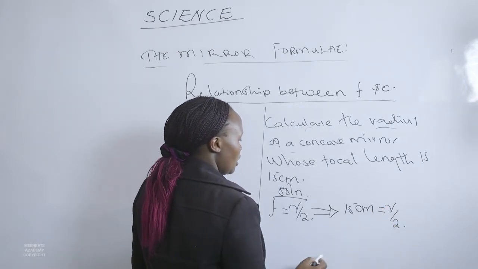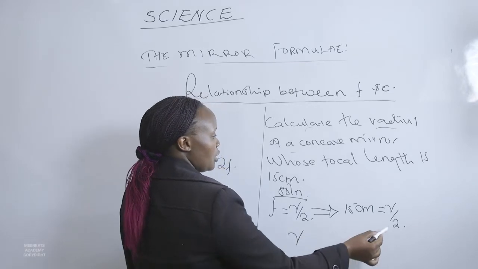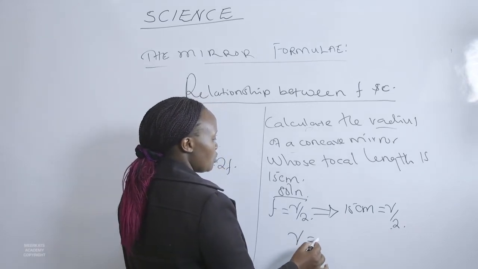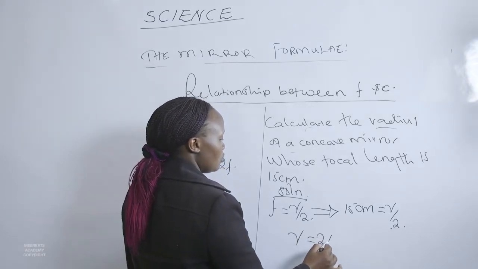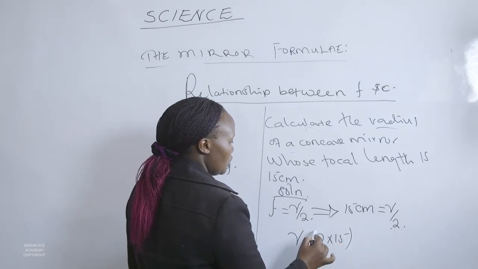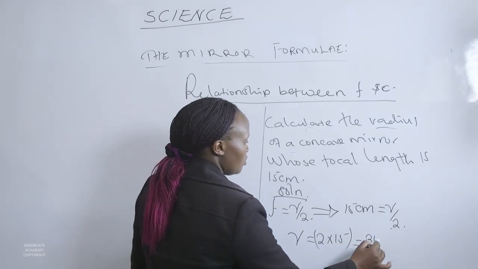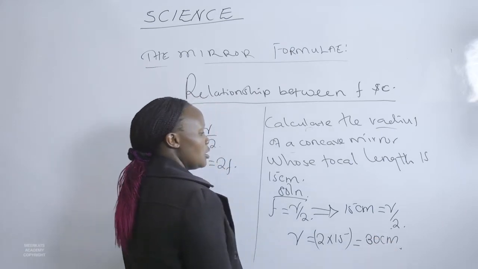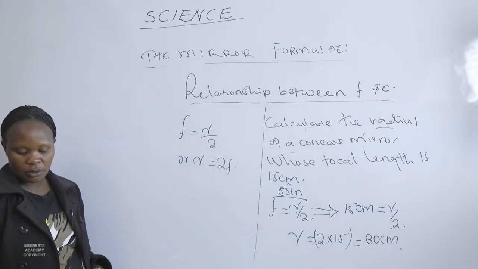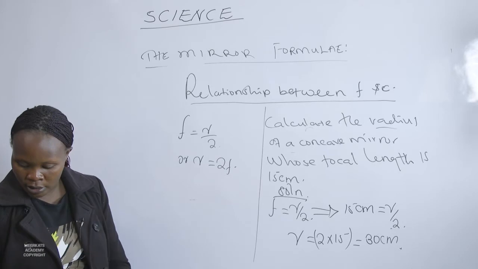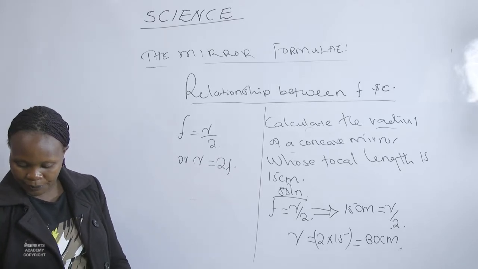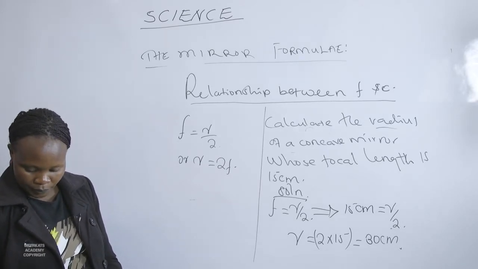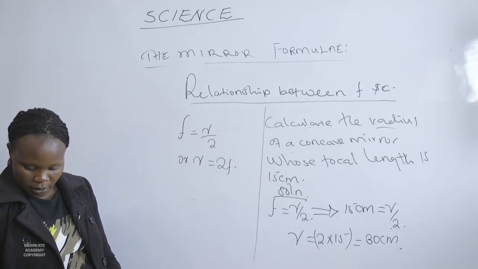And for your R, you can multiply all through by 2, so that R becomes 2 multiplied by 15, giving you 30 centimeters.